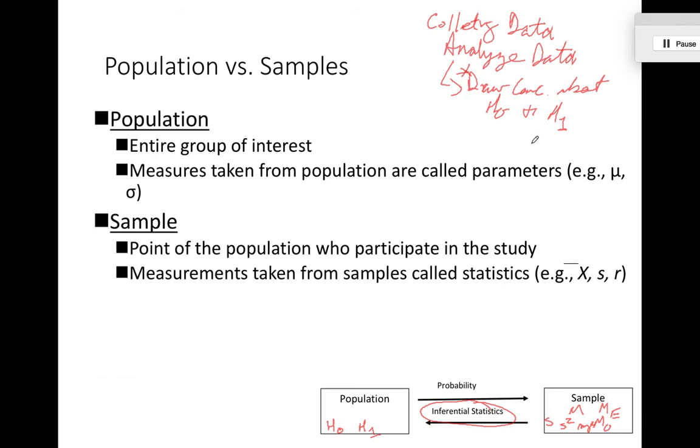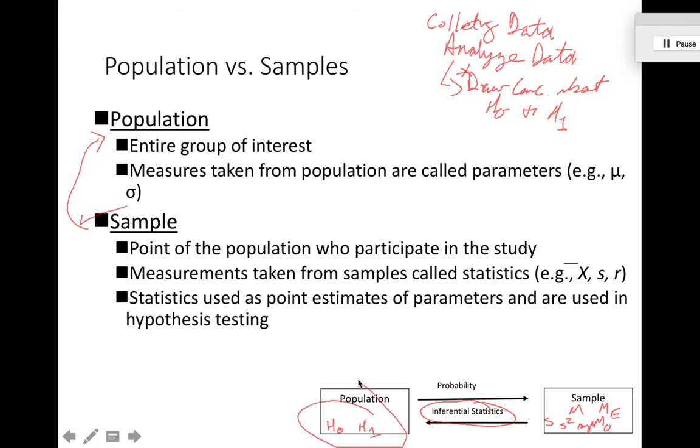We're going to be working with our sample, but we're going to be inferring about the population. And what are we going to be inferring about the population? We're going to be talking about the null and the alternative hypothesis. Remember that whenever we calculate statistics, they are going to be used as point estimate representations of population parameters, and we're going to be using those statistics in the process of hypothesis testing.